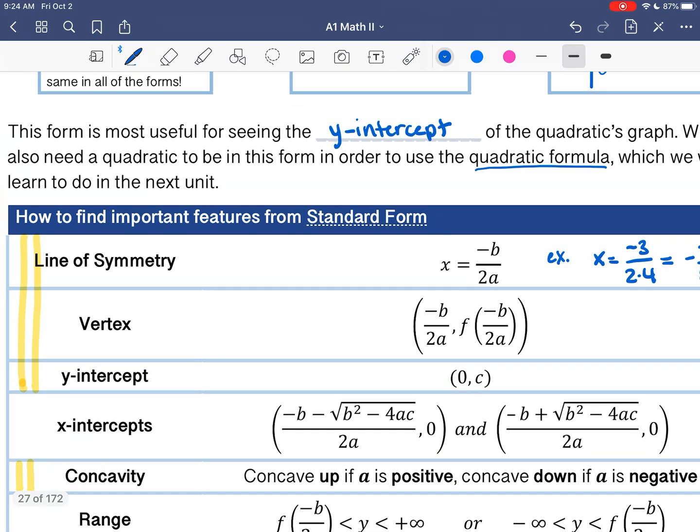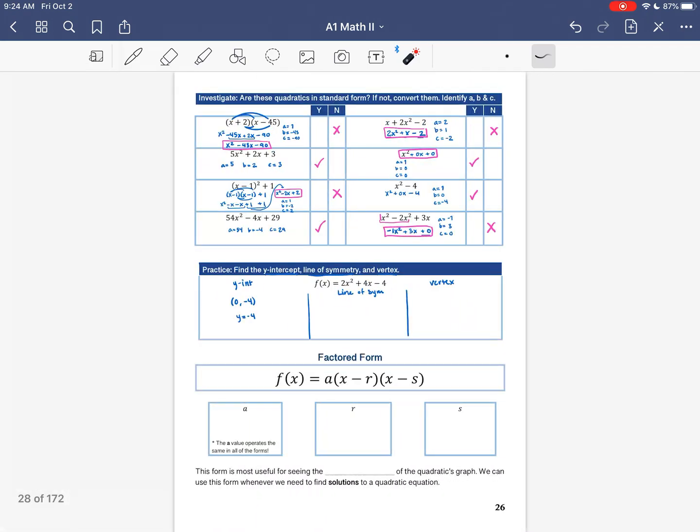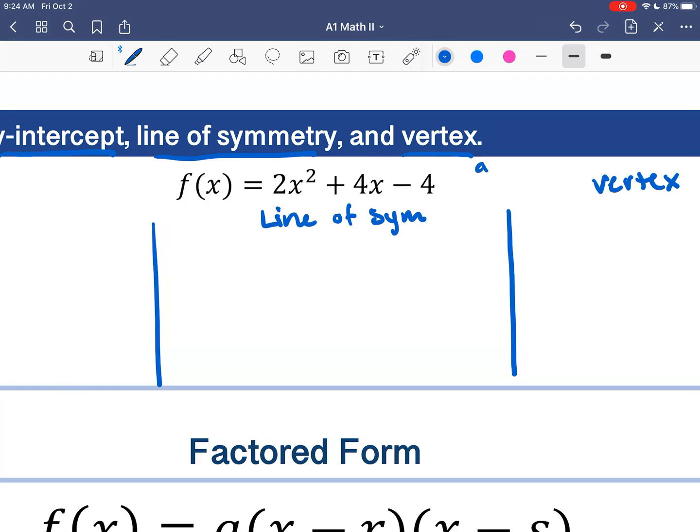I'm just going to go back and show you where I'm getting this formula. The line of symmetry formula is -b/2a. X equals -b/2a. So I'm going to use that formula and just plug in my a, b, and c values. First of all, I should identify my a, b, and c. So a in this function is 2, b is 4, and c is -4.